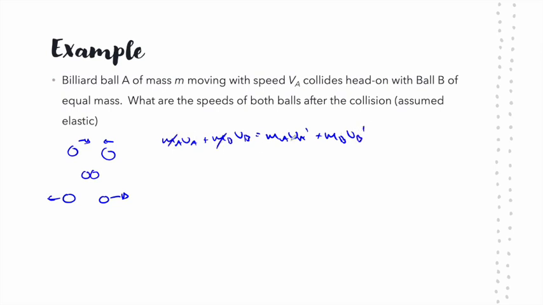We know the balls are identical, so the masses cancel, and we are left with vA plus vB equal to vA prime plus vB prime. Now, we also know that kinetic energy is conserved. And from what we just saw, I know that vA plus vA prime is going to be equal to vB prime plus vB.